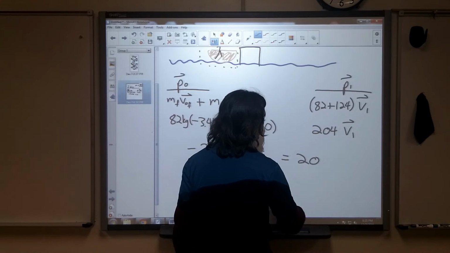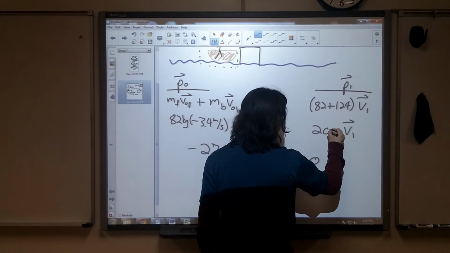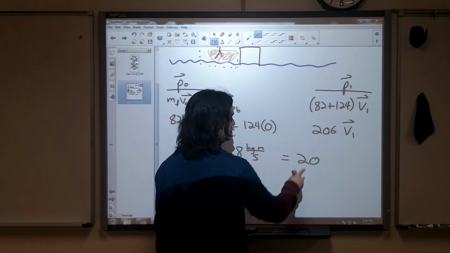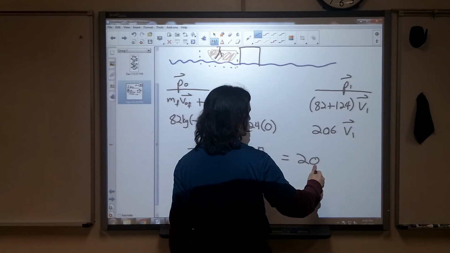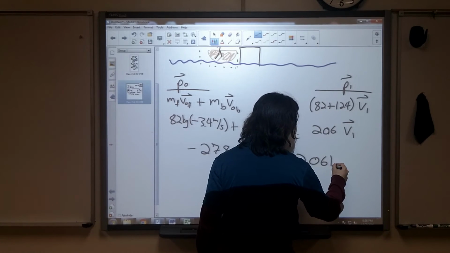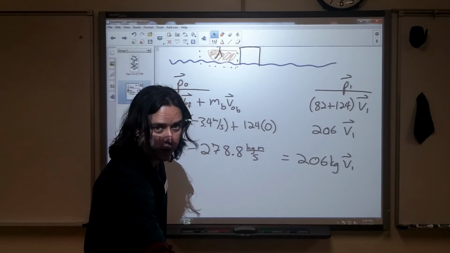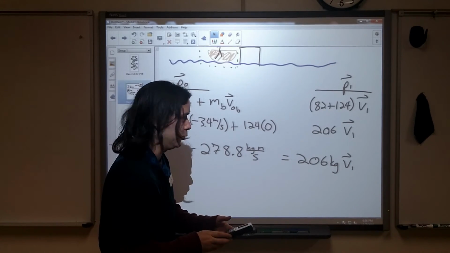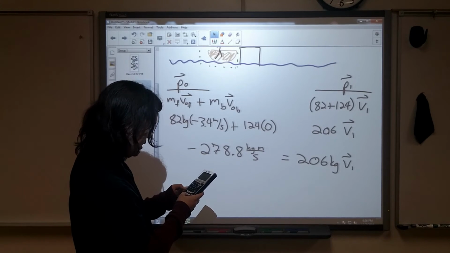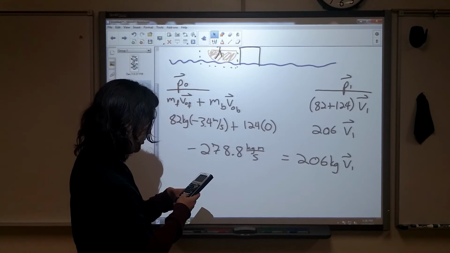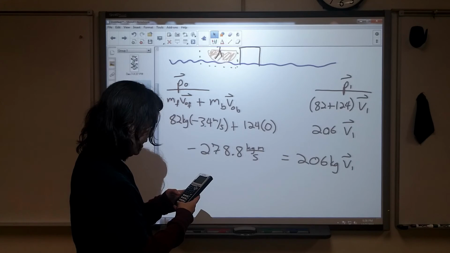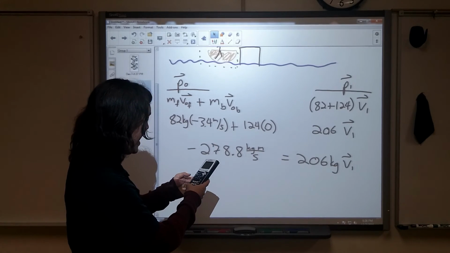Oh, no, 206. 2 and 4 is 6. 206 kilograms times V final. I can feel people commenting already. All right, just to be safe, because I've already messed this up once, 82 plus 124. Yay, 206. I can math.